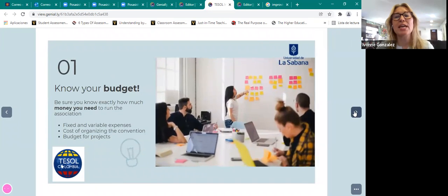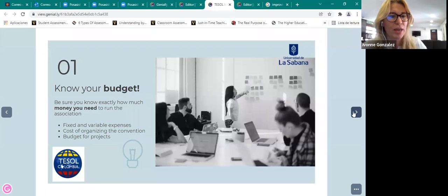The first thing when you think about how to get money to run your association starts with how much money it costs. You have to start with not how much money you need, because if you don't know the expenses, you don't know how much money you need.